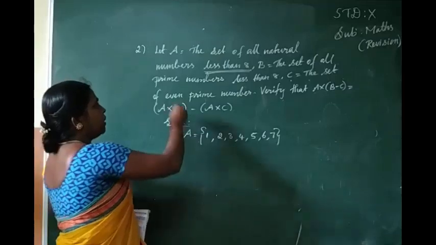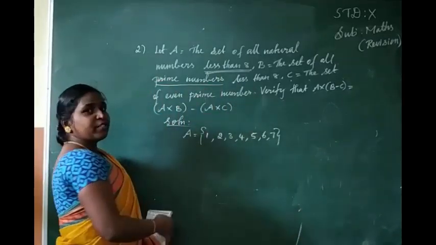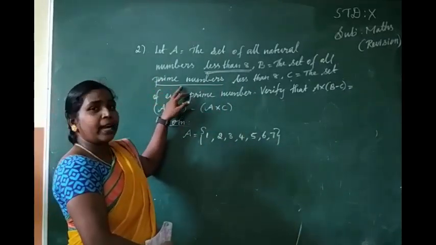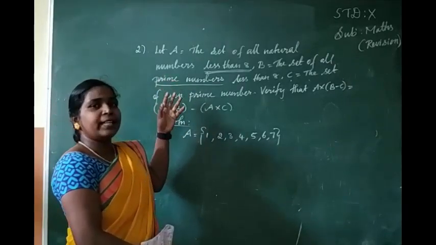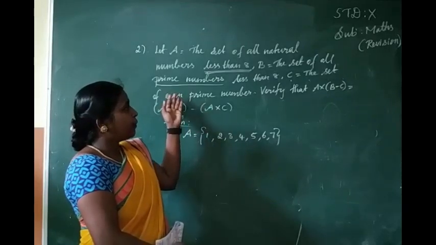Then the second one, the set of all prime numbers less than 8. A prime number is a number which is divisible only by 1 and itself. 1 is neither prime nor composite, so we start from 2.